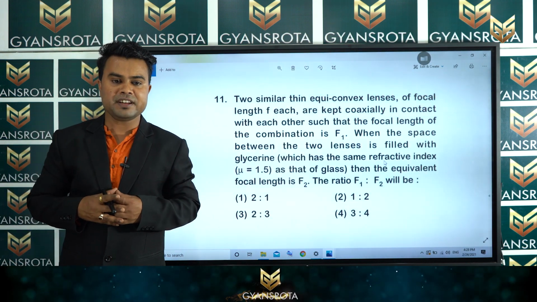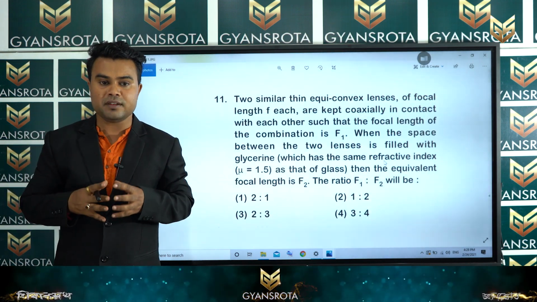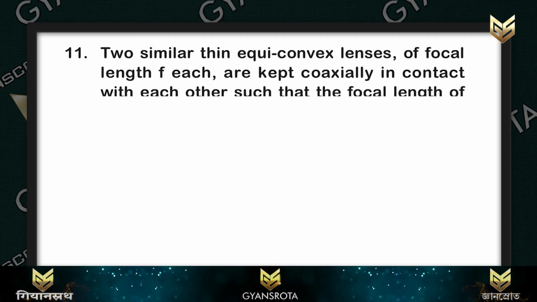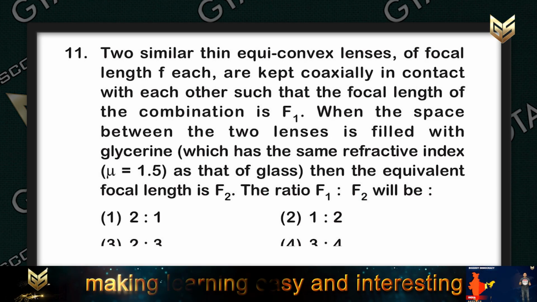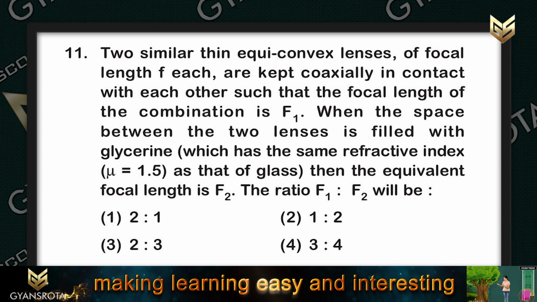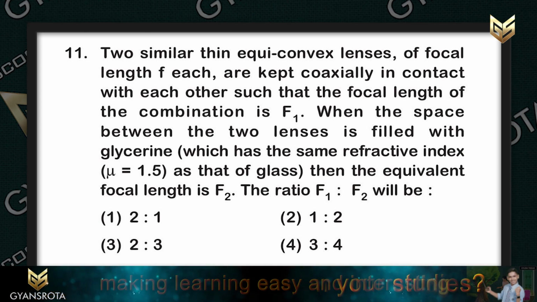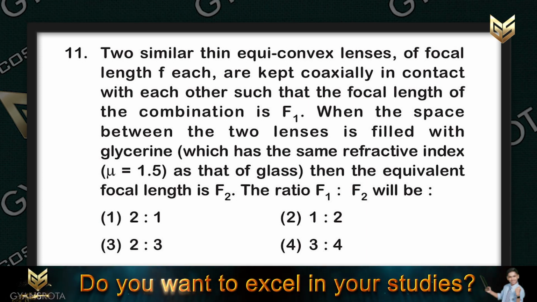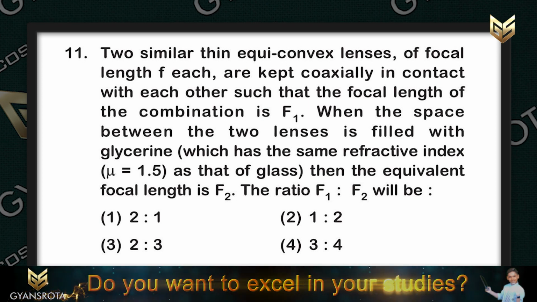Now question number 11 is from the chapter optics of class 12. It says that two similar thin equiconvex lenses of focal length f each are kept coaxially in contact with each other such that the focal length of the combination is f1.